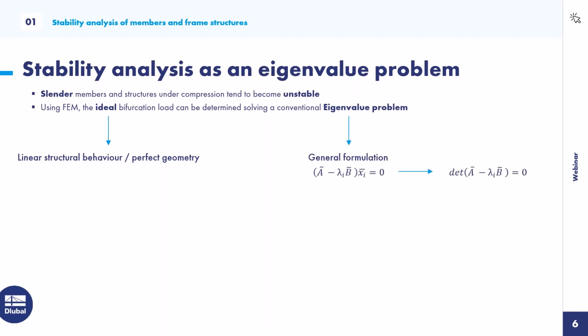The eigenvalue problem in the general formulation has two symmetric matrices, A and B, the eigenvalues lambda and the respective eigenvectors x. To solve for the unknown eigenvalues lambda, we have to set the first term of our formula to 0, and that's mostly done by calculating the determinant of this first part in the bracket and setting it to 0.